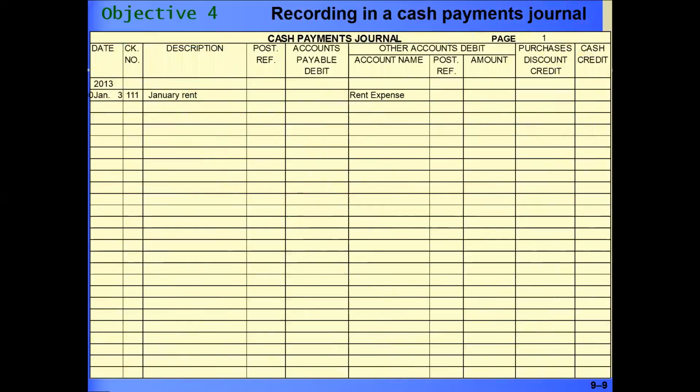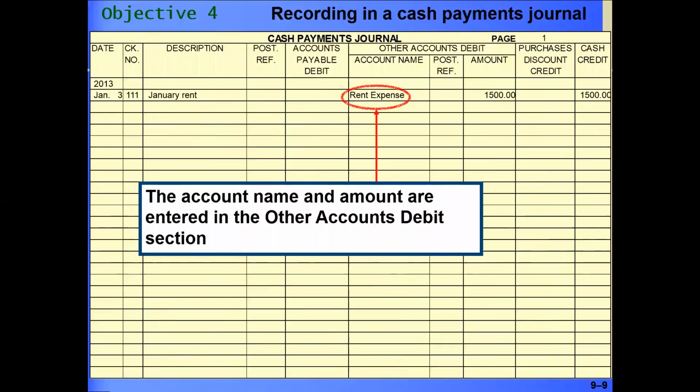So, these journals look kind of similar after a while, don't they? Yes. So here, instead of cash receipts, it's cash payments. And if we pay out cash, that will reduce the cash account. It will reduce an asset.